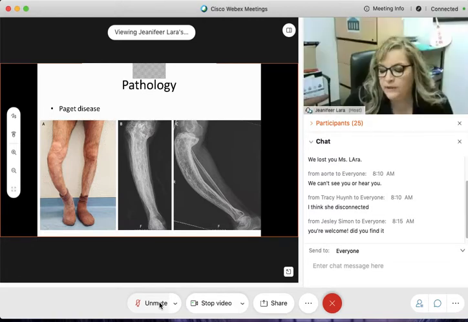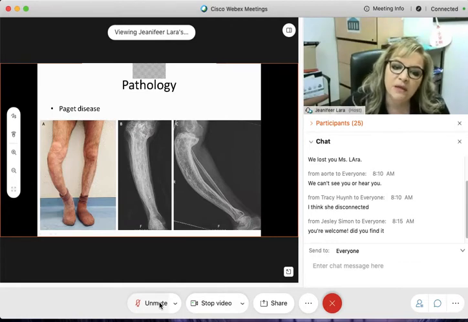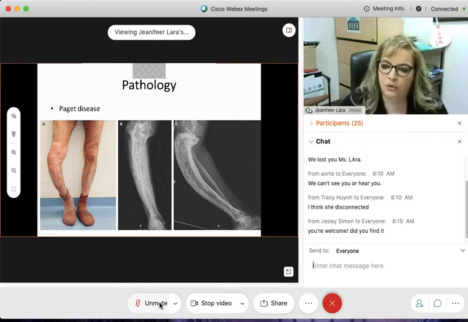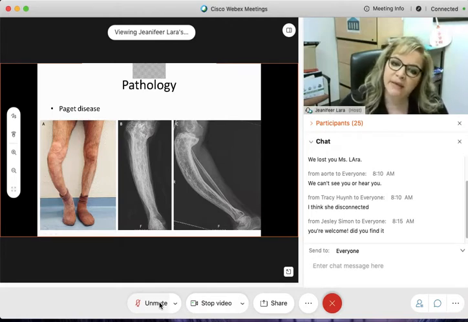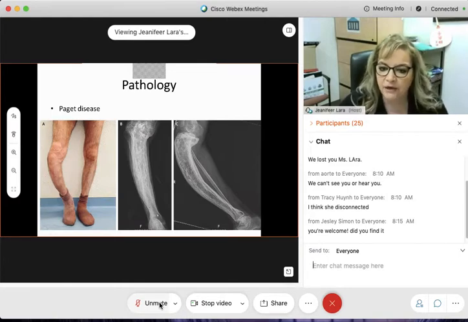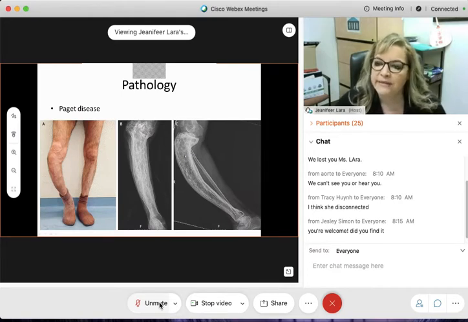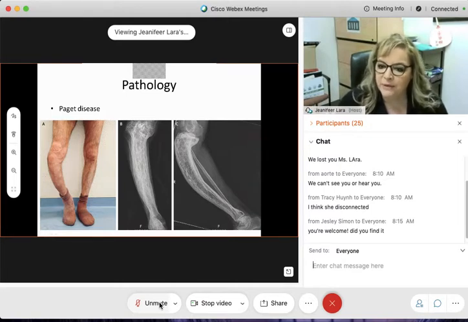There we go. So what is happening here, this is a type of skeletal disease that starts to break down its own bone. But in the process of breaking it down, the osteoblast is coming back in full overproduction. But the problem is it's very soft bone that is being formed.